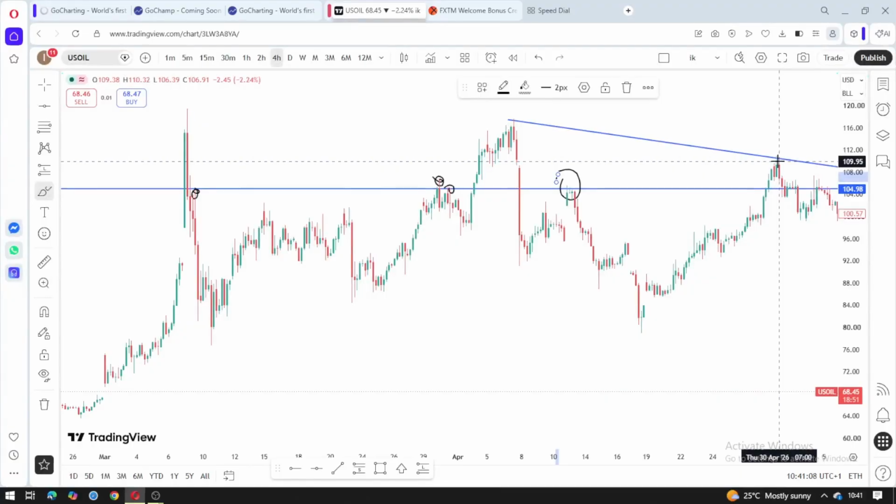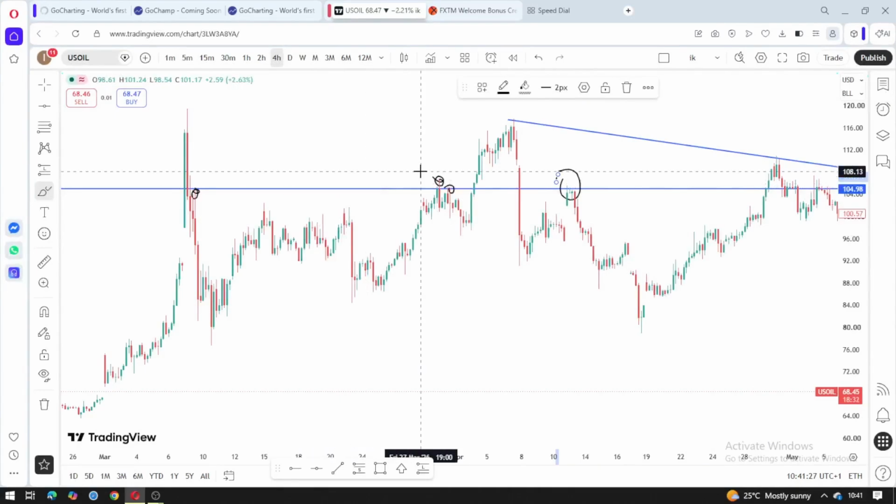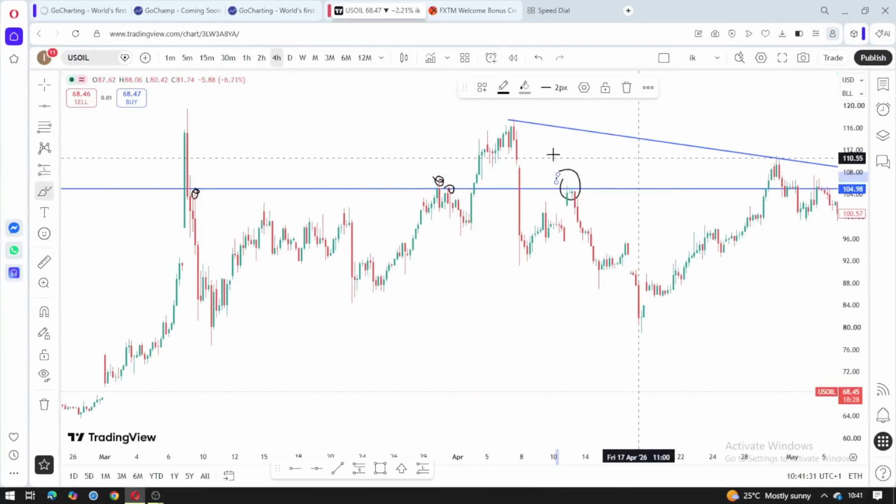Remember, one touch resistance or one touch support. Remember, we talked about all this when we were talking about support and resistance. It's not every time you want to touch everything. Sometimes the one that is close to price, just take it. But we don't count this now because it is the one that our trend line is lying on.